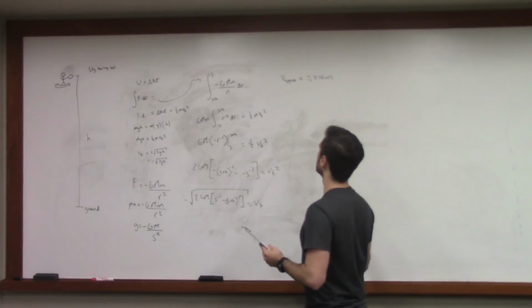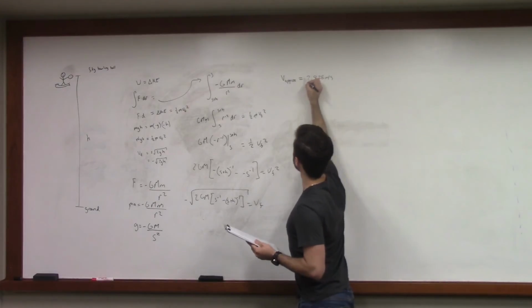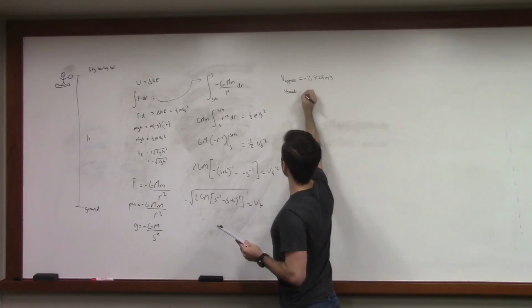So now let's look at the more exact answer. This is also a negative velocity because it's going to be going downwards. So what is the exact answer?